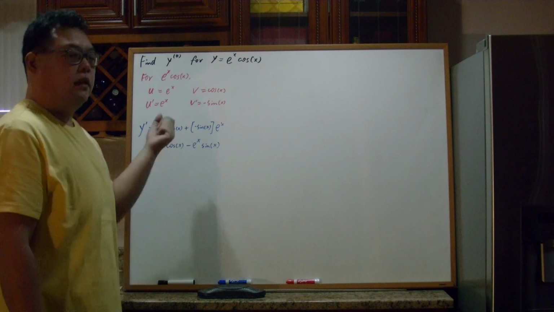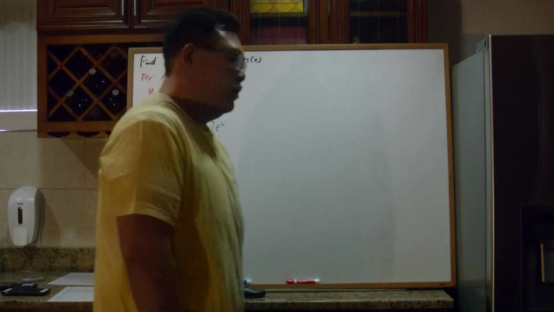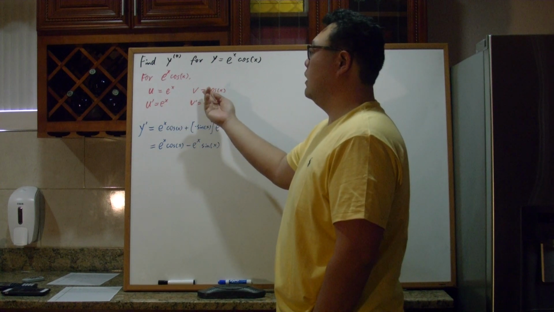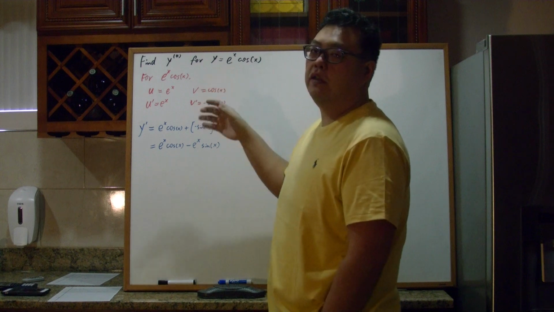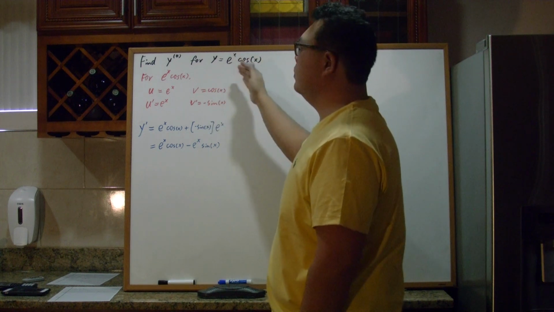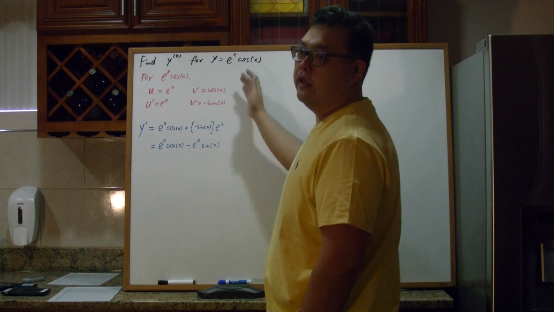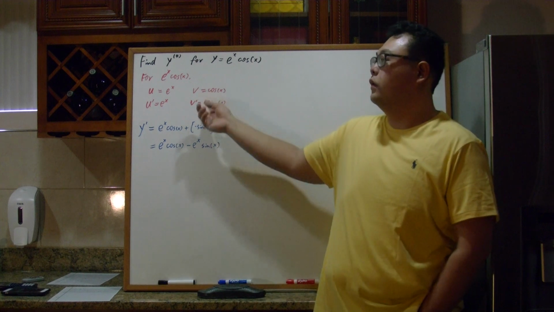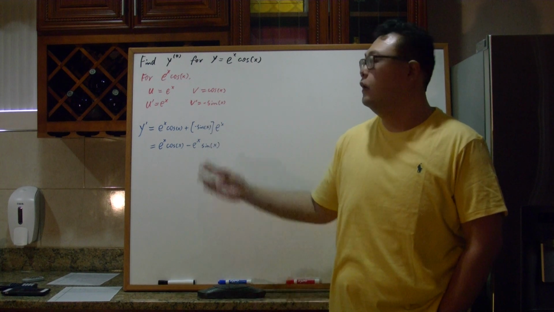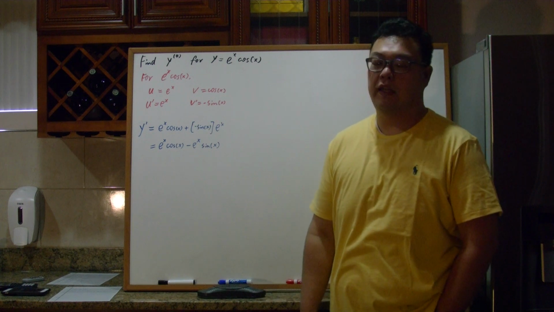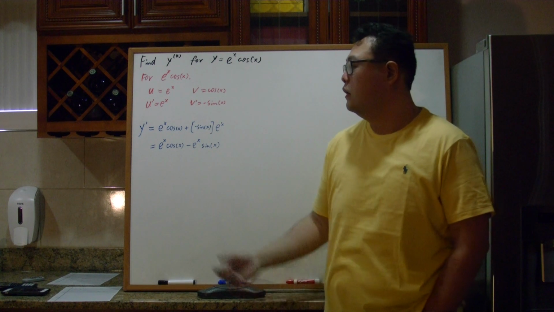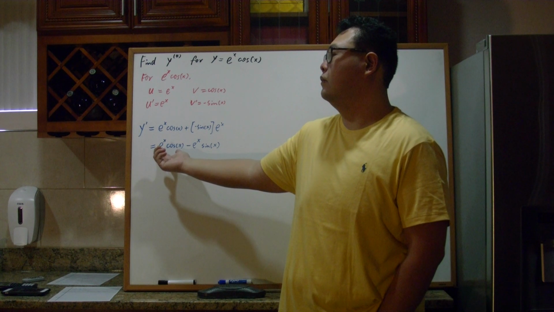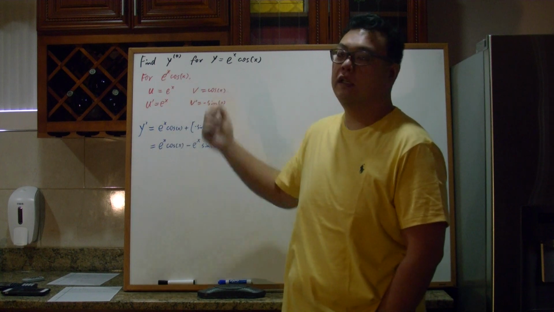With a little observation, e to the x has the same derivative, and when we take derivatives of cosine x or sine x, it's like a loop going back and forth between sine and cosine, of course with different signs in front, positive or negative. Therefore, for the second derivative we expect to differentiate e to the x cosine x, and we have it already.